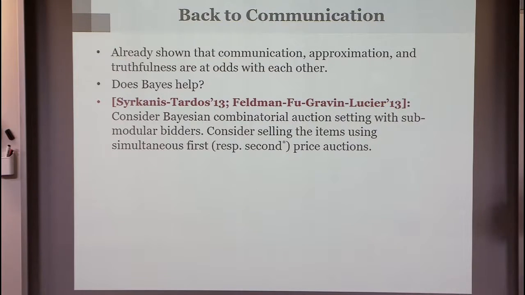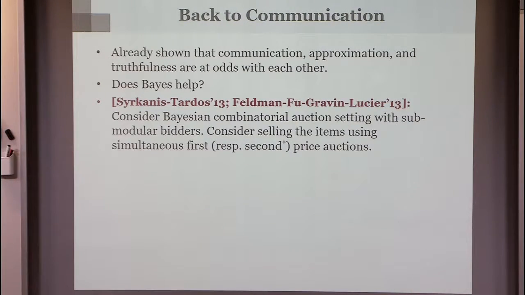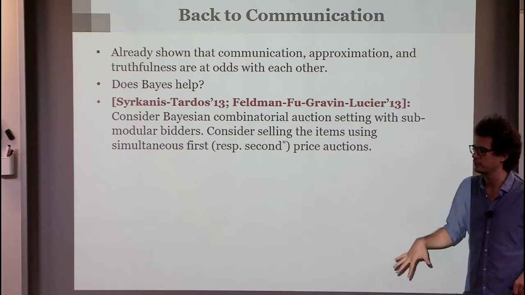A result also mentioned by Tim on Monday in this vein says to consider a Bayesian combinatorial auction setting with submodular bidders. And instead of doing anything complicated like VCG, suppose you just run simultaneous first price auctions or simultaneous second price auctions.